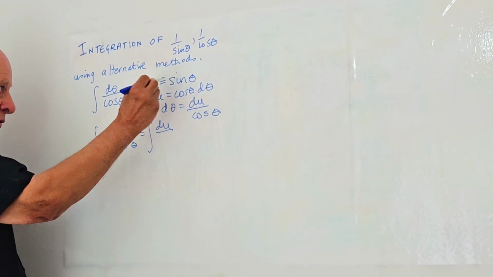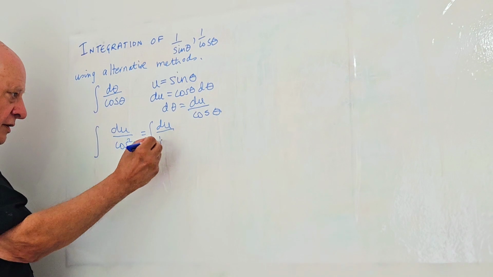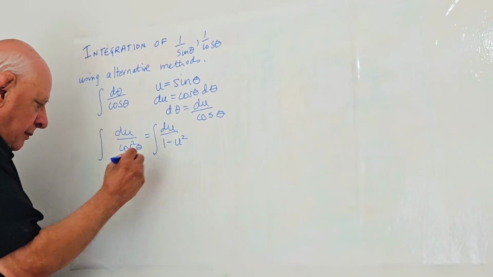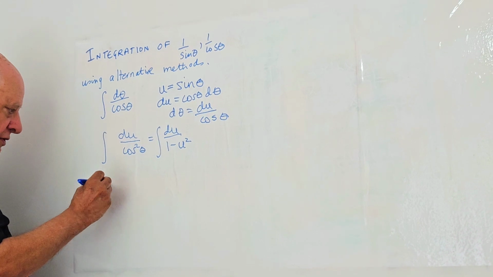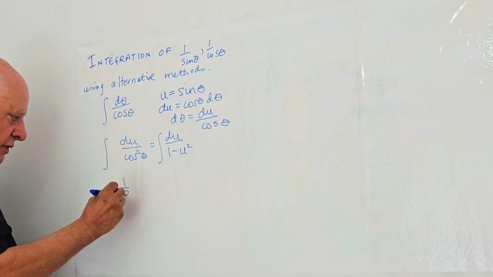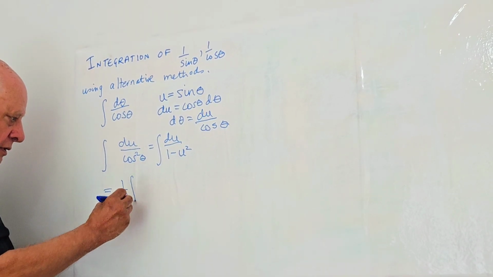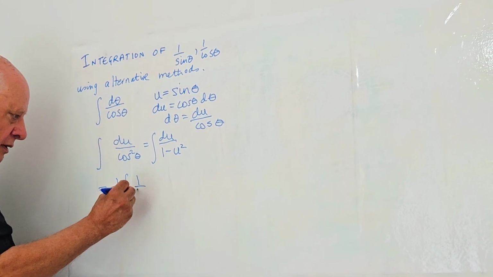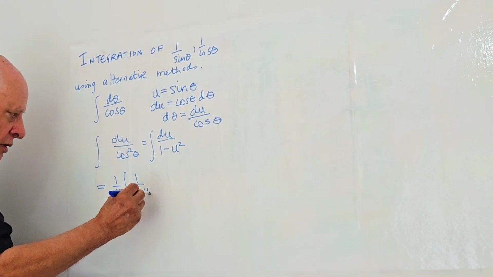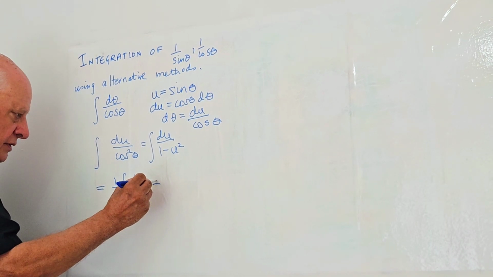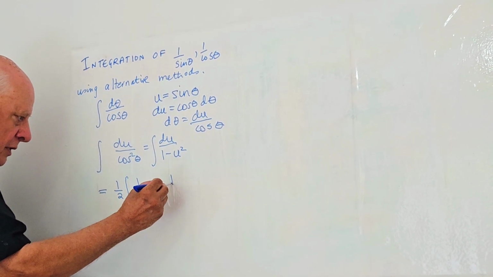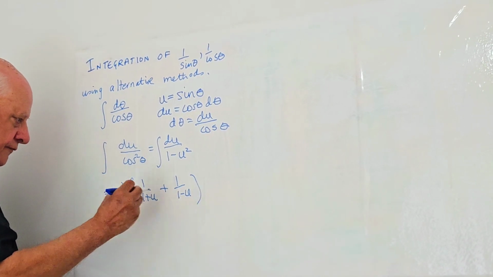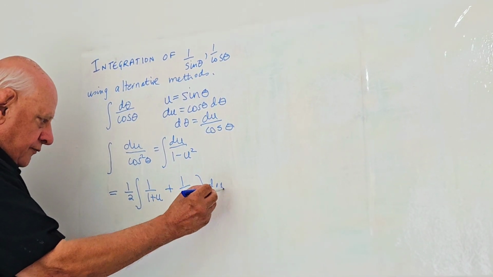1 minus sine squared theta, and so that is 1 minus u squared, and that breaks down easily into partial fractions. Is 1/2 integral of 1 plus u plus integral of 1 over 1 minus u du.